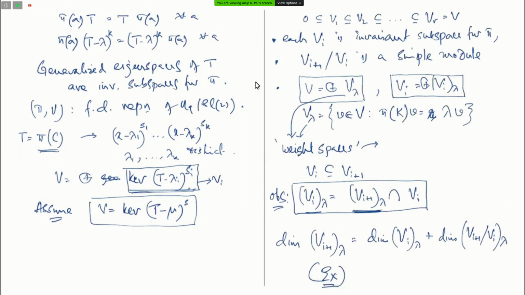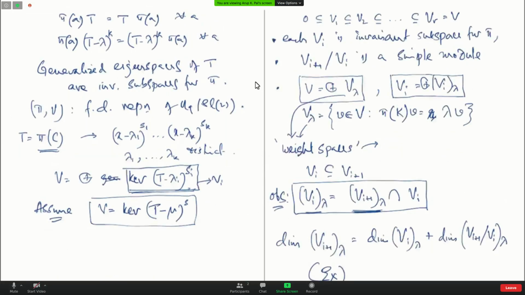So maybe we'll try to do that. Let me first, so the left side page is the earlier one.